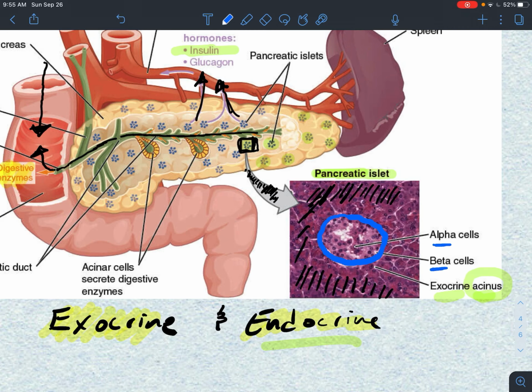If insulin brings our blood sugar levels down after we eat, glucagon does the opposite. If we're not eating and we're fasting or we're in starvation mode, glucagon will bring our blood sugar levels back up by taking the sugar from inside of our cells, the stored sugar, and releasing it into the bloodstream.